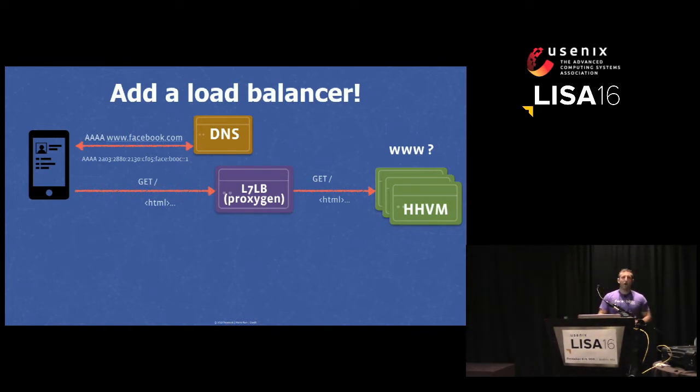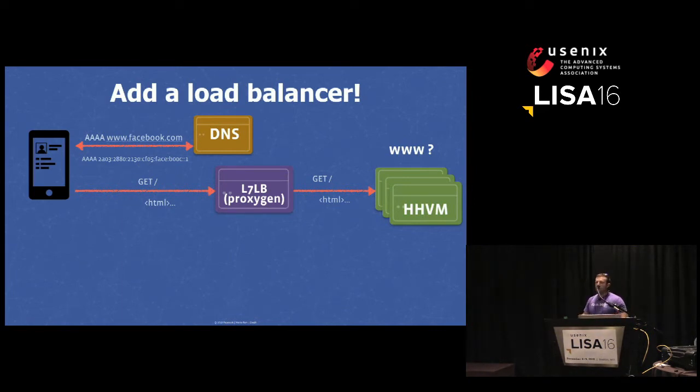ProxyGen's job is to terminate that TCP and SSL connection, and then it takes that L7 request and proxies it back to one of the HHVM servers. We do have part of the ProxyGen libraries open source on GitHub, so you can check those out. But ProxyGen can easily be replaced with Nginx, HAProxy, Apache Traffic Server. There's probably a plethora of other things that can be in that place.